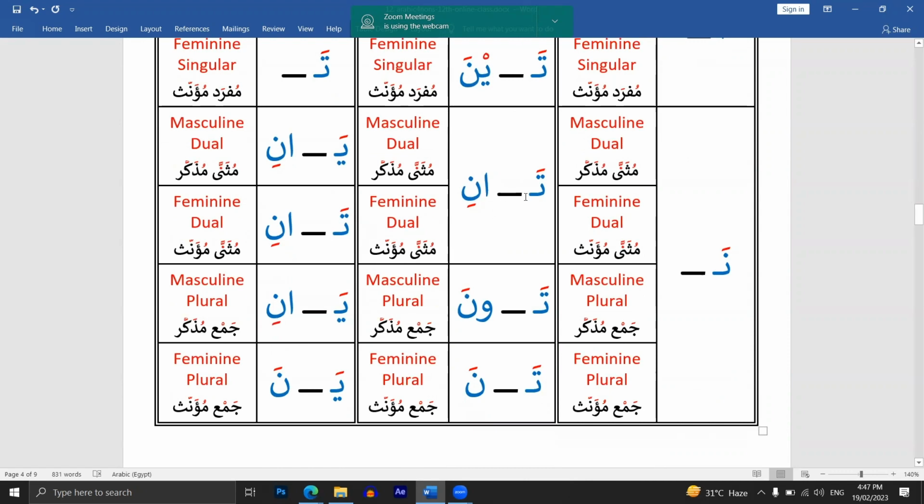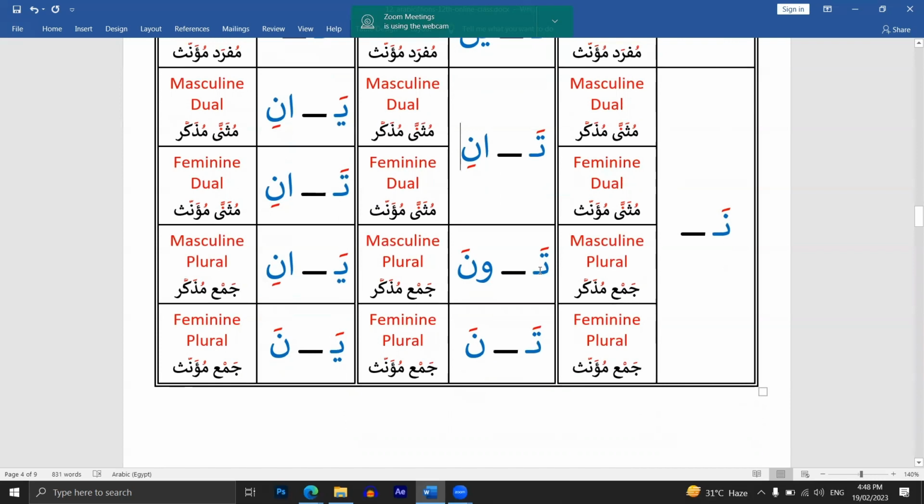Then as usual, for both duals, we add ta again, and then alif nun, and this nun of the dual is always labeled with kasra. The case ending is kasra, as you see here: تذهبان, تشربان, هذان, الطالبان. It's always labeled with kasra.